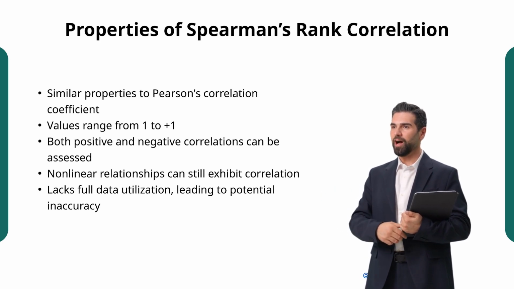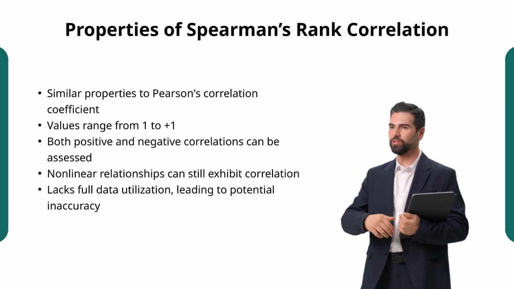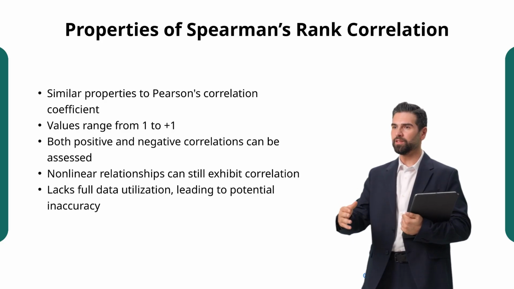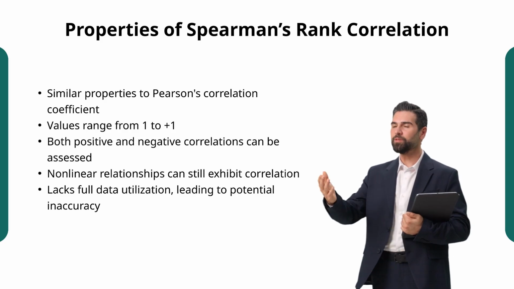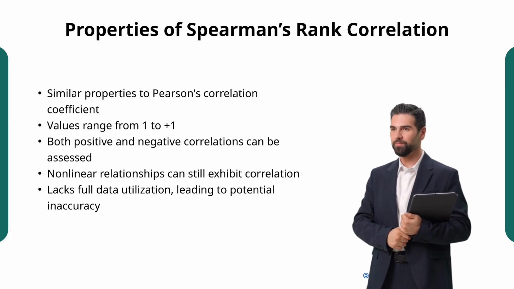Another fascinating aspect is that Spearman's correlation can help assess nonlinear relationships. Imagine a situation where two variables don't just map cleanly onto a straight line but might curve or twist instead. Spearman can still help us uncover and present those correlations.